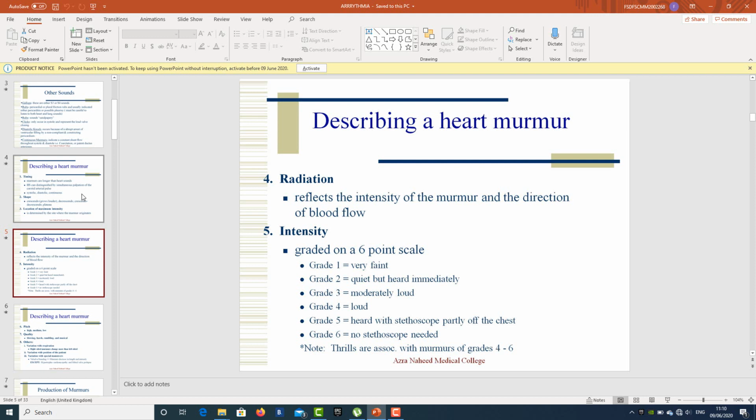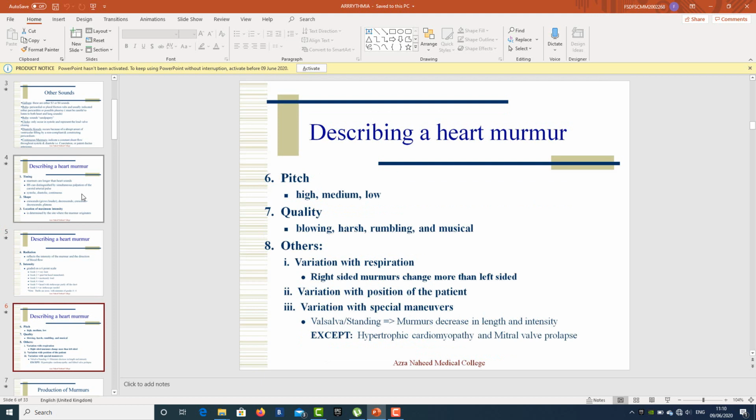Intensity is graded on a 6-point scale: either very faint, quiet but heard immediately, moderately loud, heard with stethoscope partly off the chest, and grade 6 has the greatest intensity and is heard even if no stethoscope is used. Thrills are associated with murmurs of grades 4 to 6.